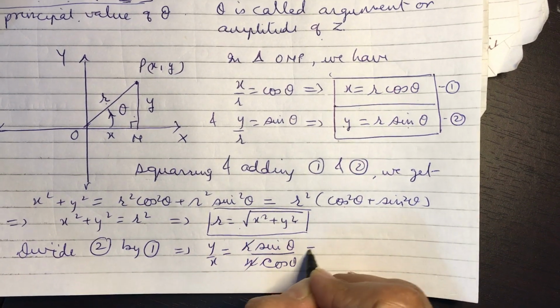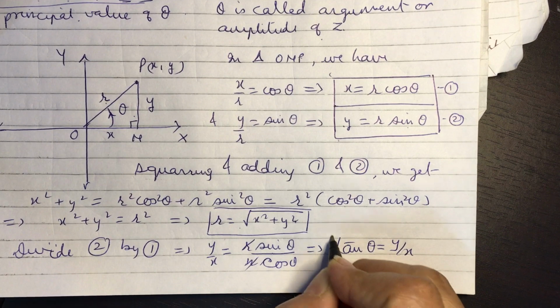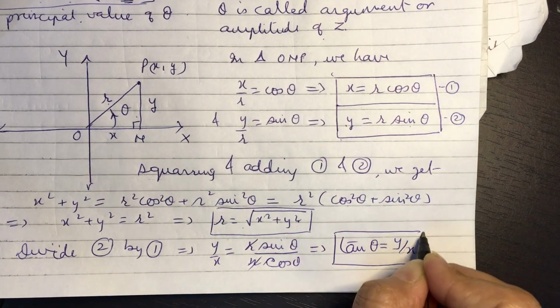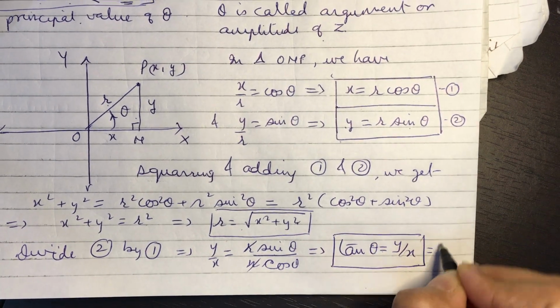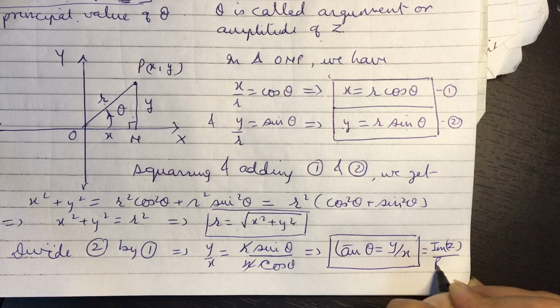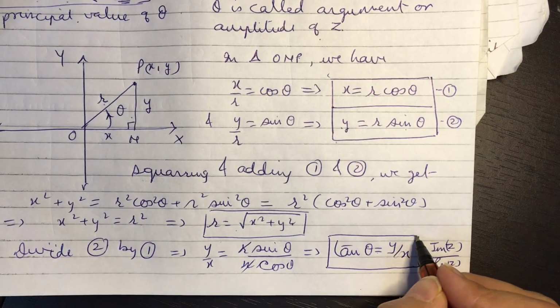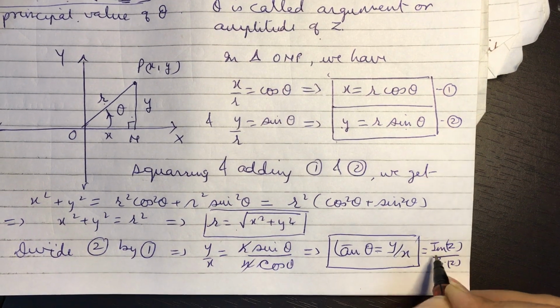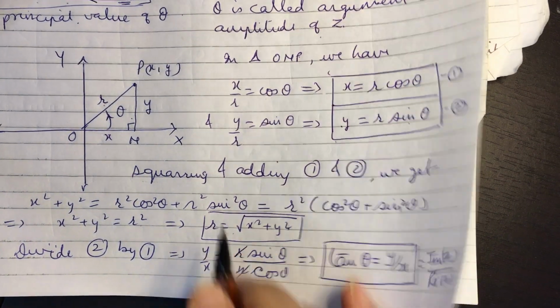The r gets cancelled and we get tan theta equal to y upon x. That is, tan theta equals the imaginary part of z upon the real part of z, and accordingly, whatever value you get, the corresponding value of theta is the required argument.